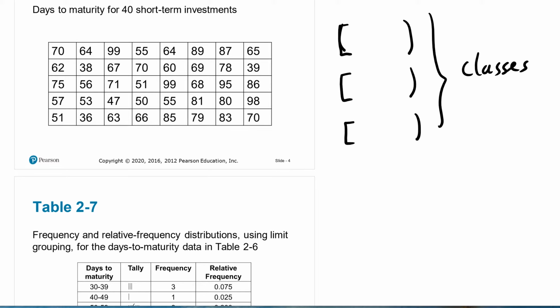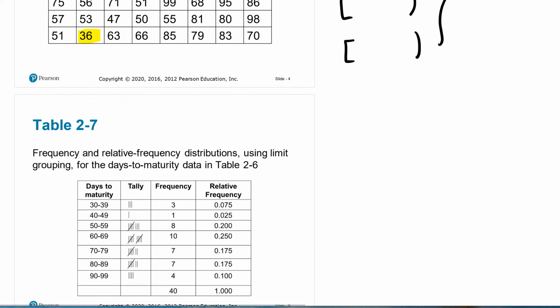I see 36, 39, 38. So 36 is the smallest. It would be convenient to start at 30 and move on, 30 to 39, as you can see in the table below. Then 40 to 49, 50 to 59, and so on and so forth. We went all the way up to 99 because that's the largest value I see in the given table.